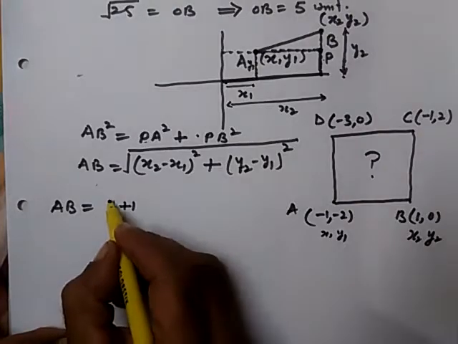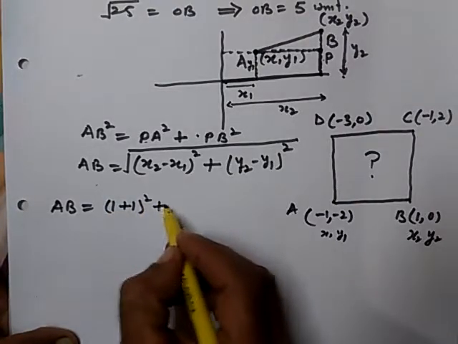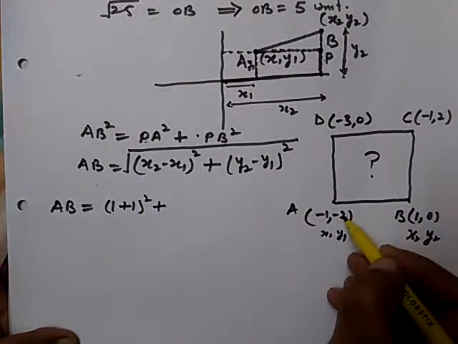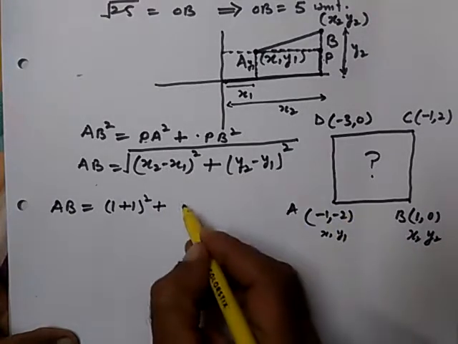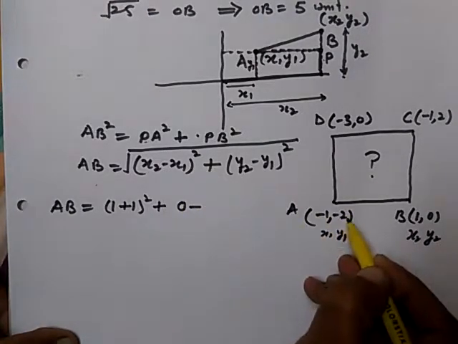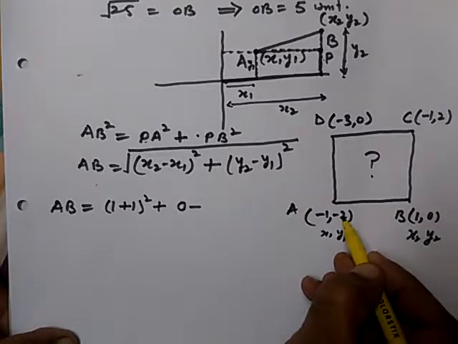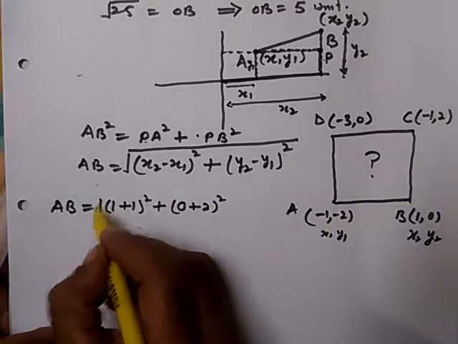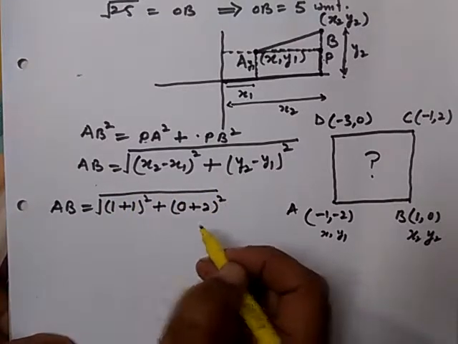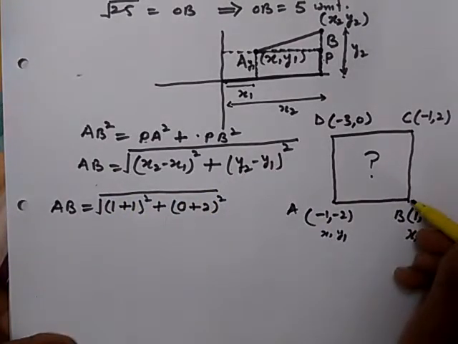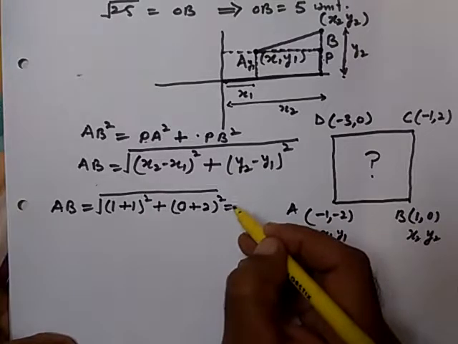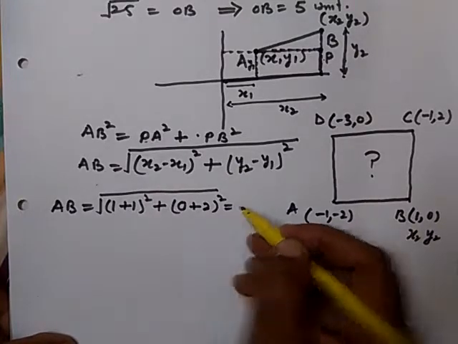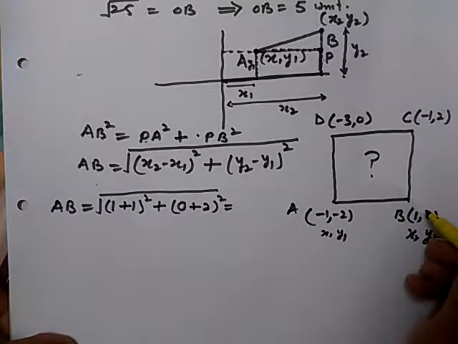This is x2 minus x1 whole square plus y2 minus y1. It is already minus 2, so it will become plus 2. y2 minus y1 whole square under the root. This is the distance AB. This calculation is for you, and I am just giving the method.